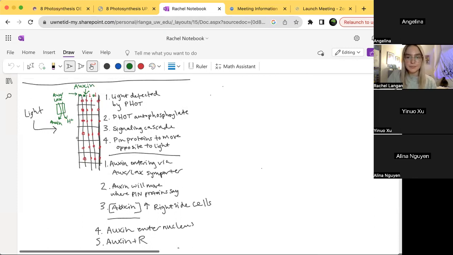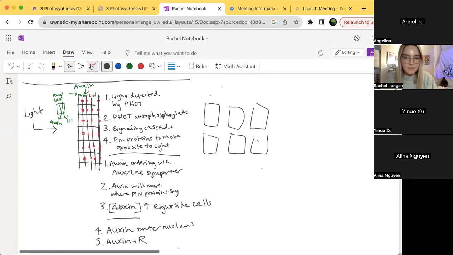And what do you mean by the PIN proteins moving to the opposite side of the light? So the phototropin, they're not in this diagram, right? Just to double check. They're not. Okay, got it. I kind of zoomed in on it.